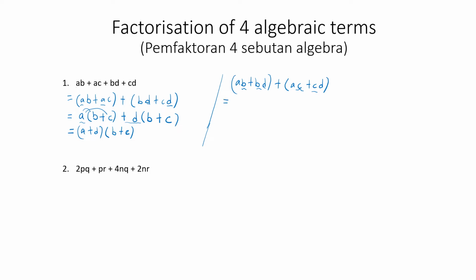Okay, the same method. First step is put the common terms outside of the bracket, and the inside will be A. So A times B is AB plus B times D, you can get BD, plus, and then another common term is C, A plus D. And the common factors you write only once, and the remaining will be B plus C. B plus C, the common factor is A plus D. And you can compare, the answer is actually the same.